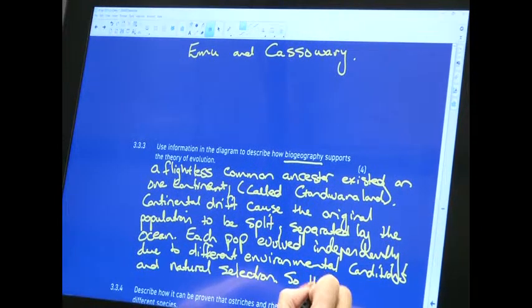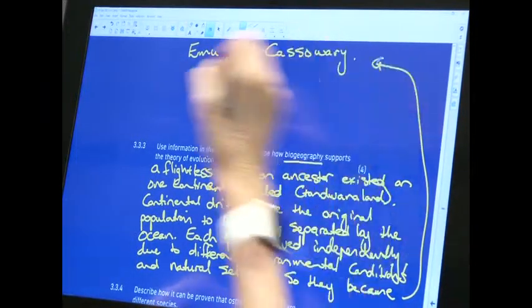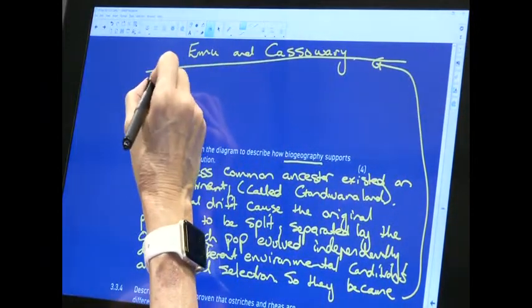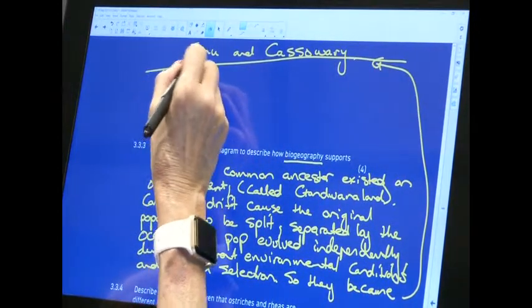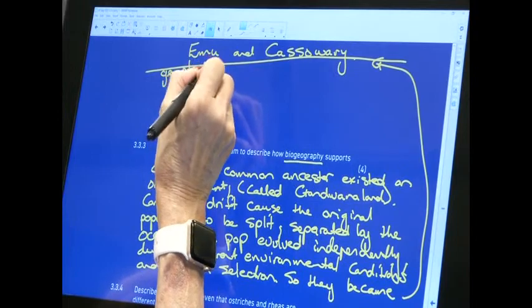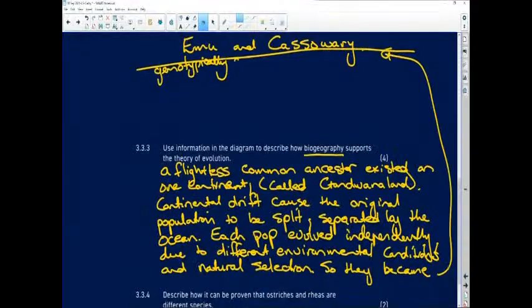So they became genotypically and phenotypically different. Okay?